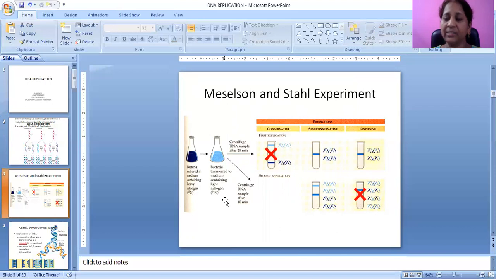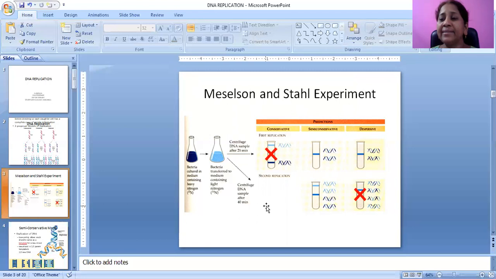After a few generations, they added cesium chloride and centrifuged. After centrifugation, the lighter band was found, and sedimentation occurs. The supernatant is taken for observation. In this, the first generation showed half parental strands and half daughter strands. In the second generation, one half parental strands and one half daughter strands.